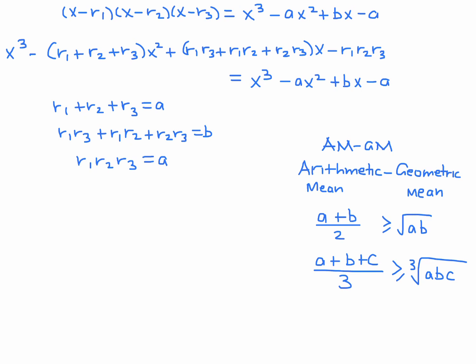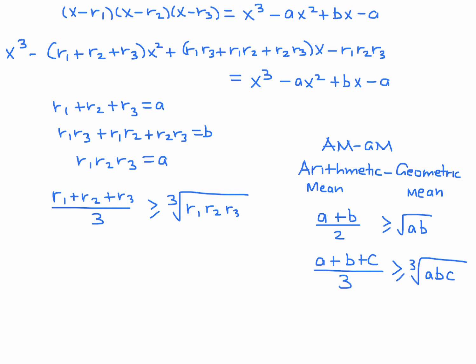So using, of course, this guy, since we have 3 roots, we can get the following. If we add up the roots, R1 plus R2 plus R3, and then divide by 3, that's going to be greater than or equal to the cube root of R1 times R2 times R3. So exactly what is written there. Okay, well, let's start to simplify this.